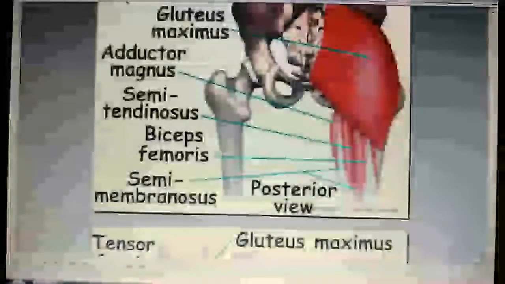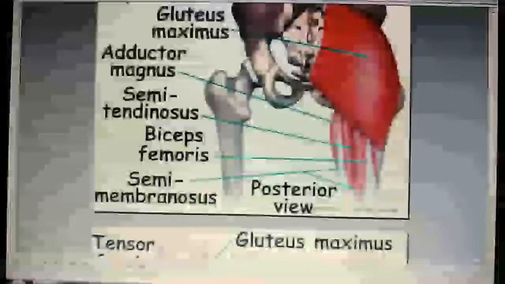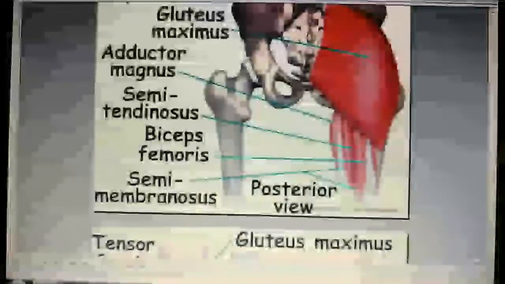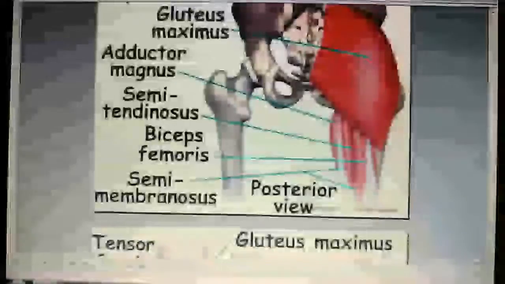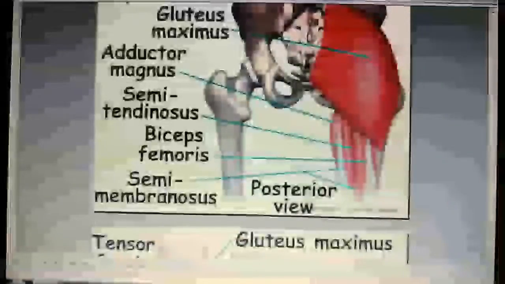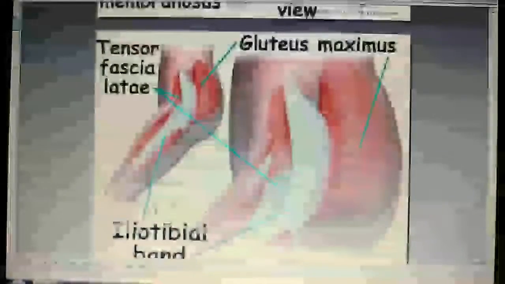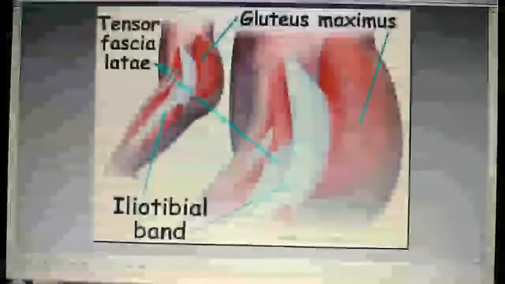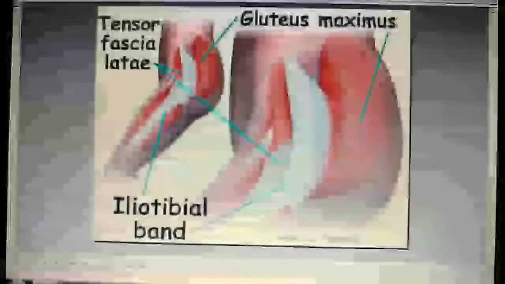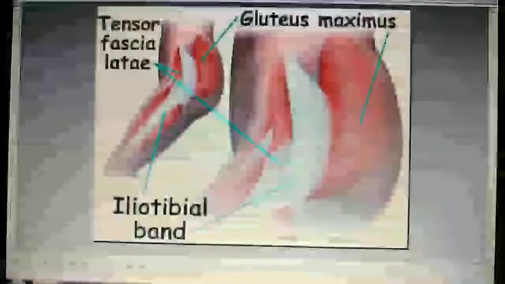Action: long head extends the hip and flexes the knee, short head flexes the knee. Gluteus minimus origin: lateral ilium, action: hip abduction and medial rotations. This is a lateral muscle and large muscle, tensor fascia lata muscle. Origin, insertion: the tibia, nerve supply: superior gluteal nerve L5, action: combined hip flexion and abduction.